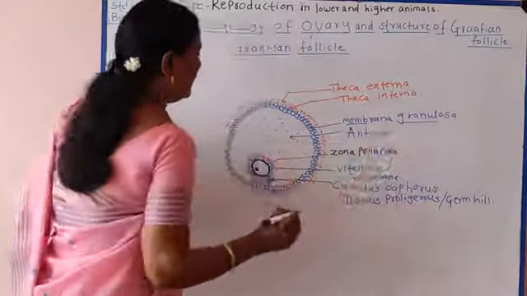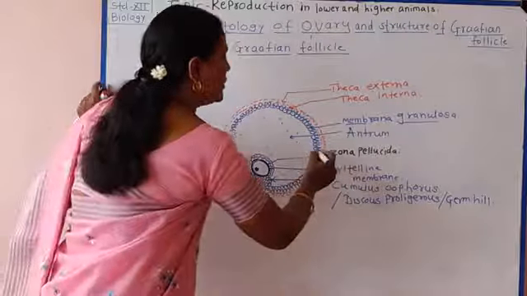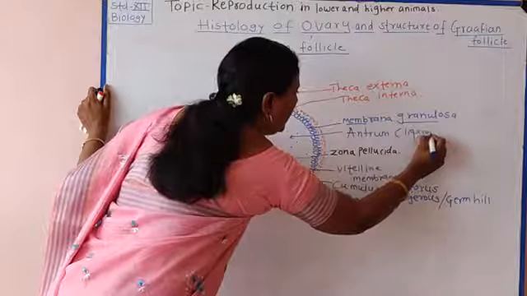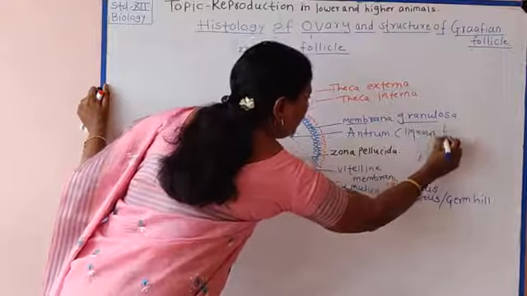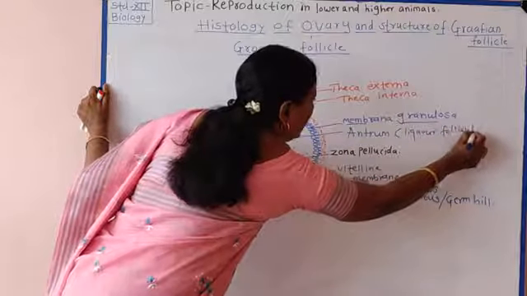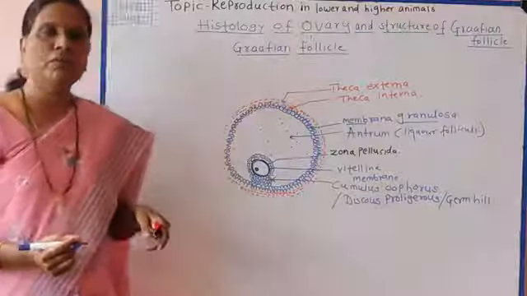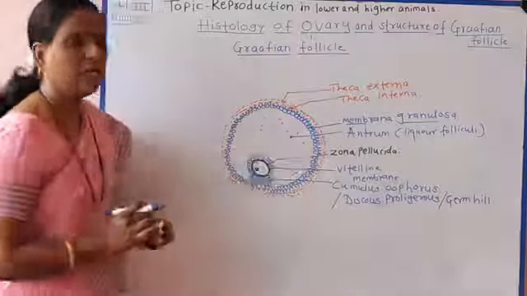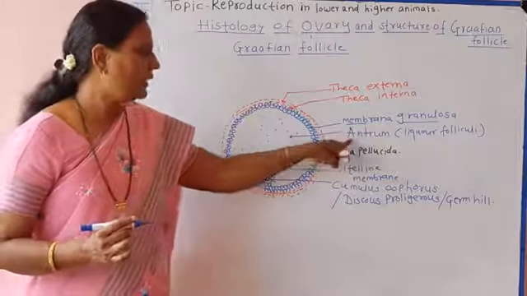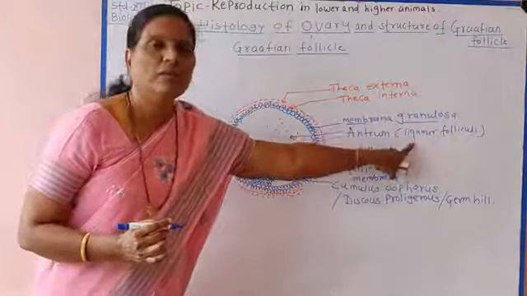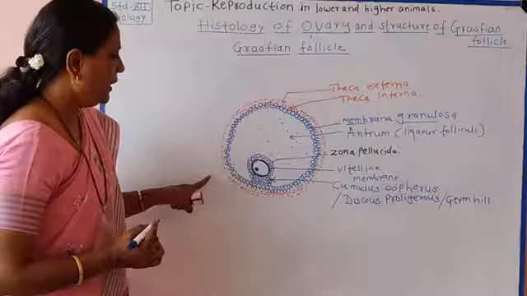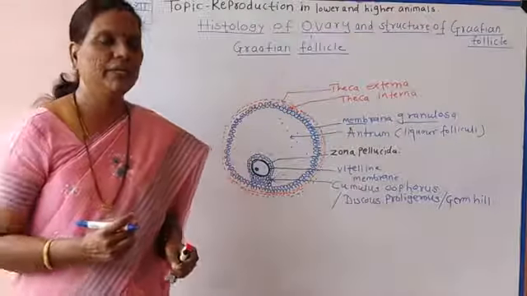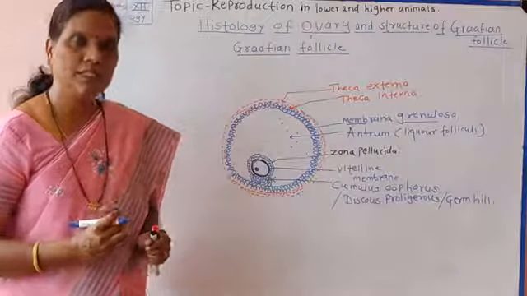Inside this cavity the liquid present is mainly the liquor folliculi. That cavity is called the antrum, and the fluid is called liquor folliculi. This secondary oocyte is arrested in the metaphase of meiosis II.